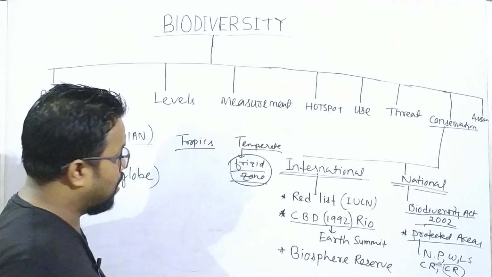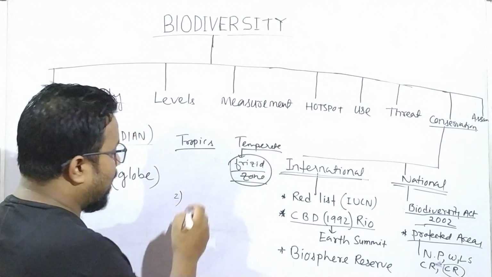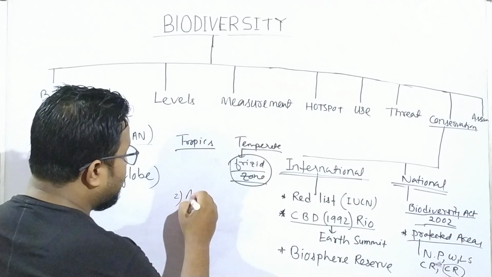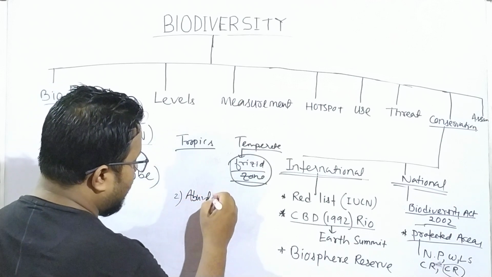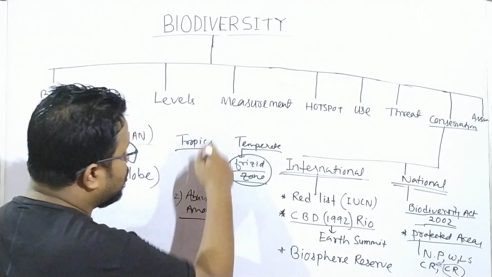Number 1 region. Number 2 region, an abundant, optimum amount of sunlight falls in the tropic region.